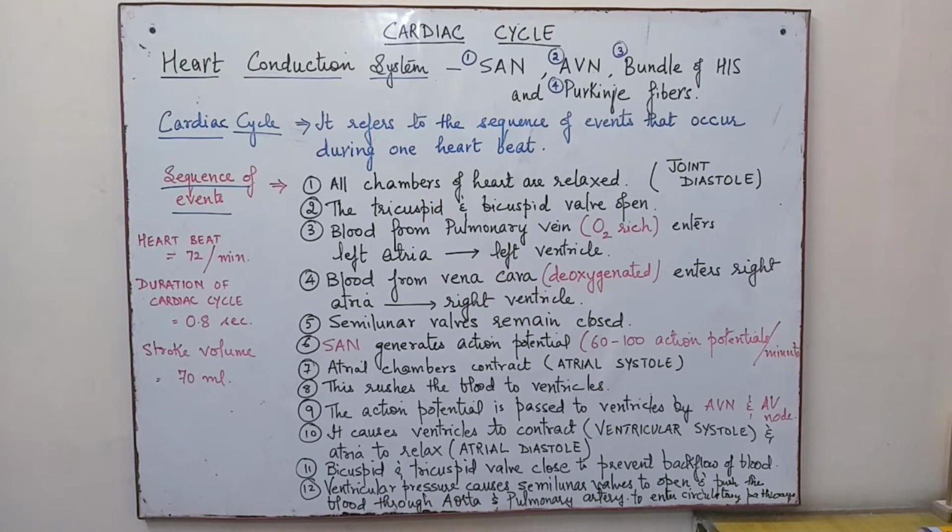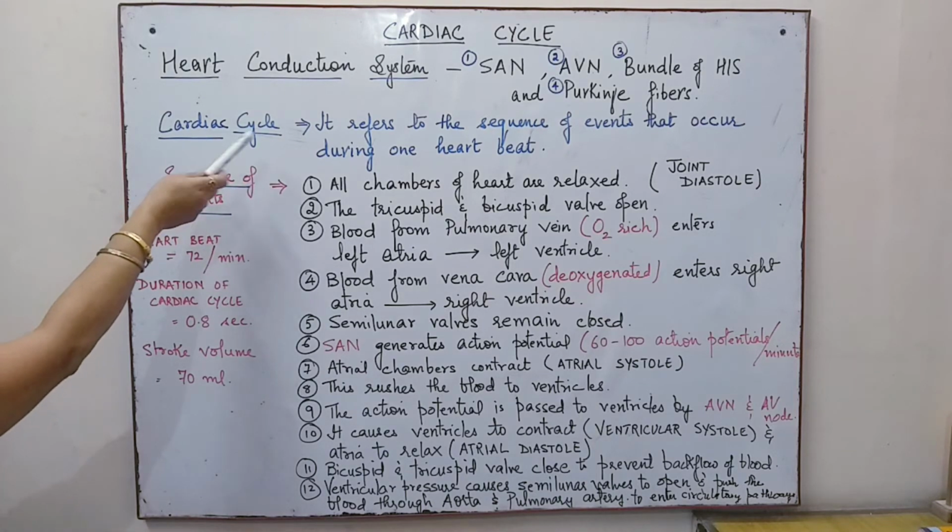Together, they form the AV node system, and this entire system regulates or controls the heartbeat. Coming to the cardiac cycle now.